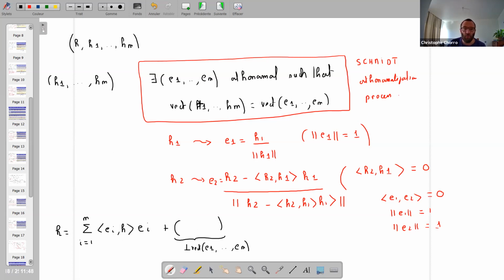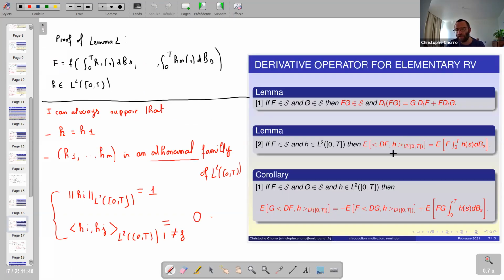And if you go back to this expression here, you see that if you linearly modify H, you have linearity of this expression in H, and you have a relation that is compatible with orthogonality arguments.